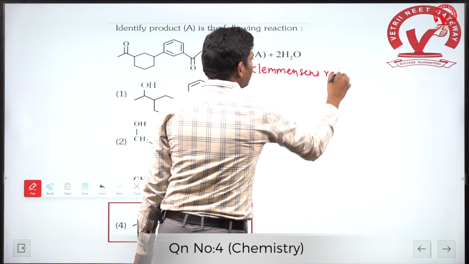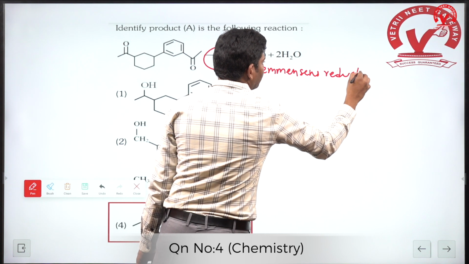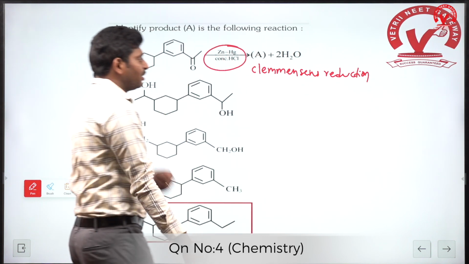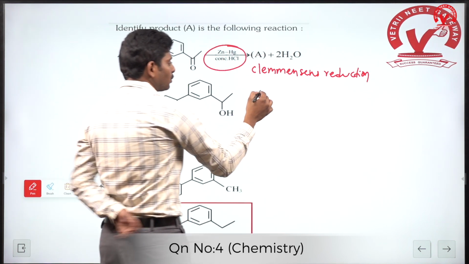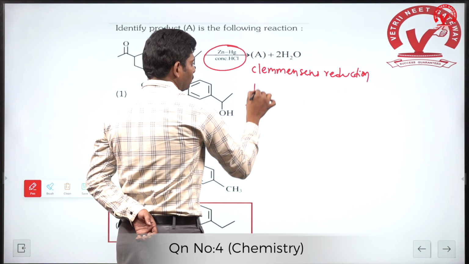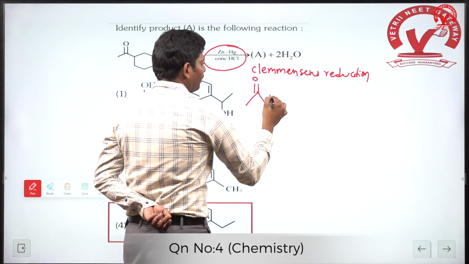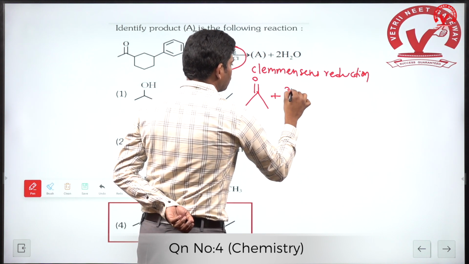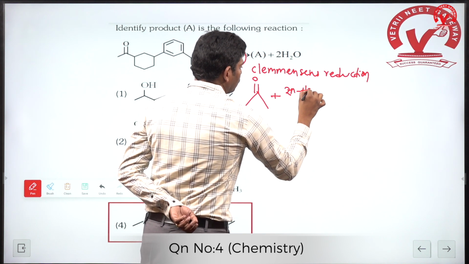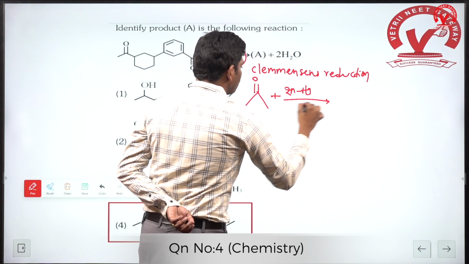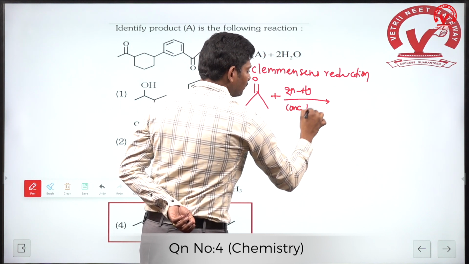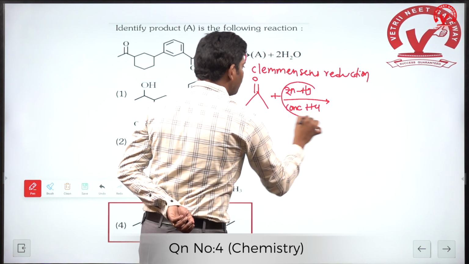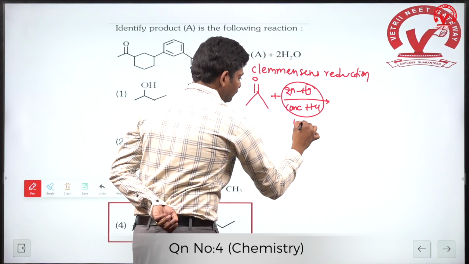With the Clemmensen reduction. So what is the Clemmensen reduction? If you take this carbonyl compound and it reacts with zinc and mercury in presence of concentrated HCl, then it will release the hydrogens.